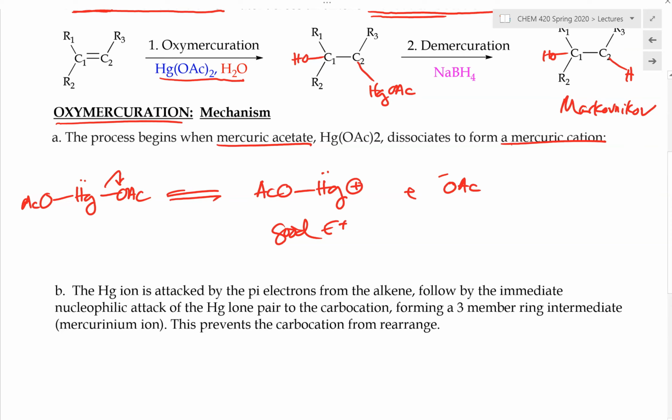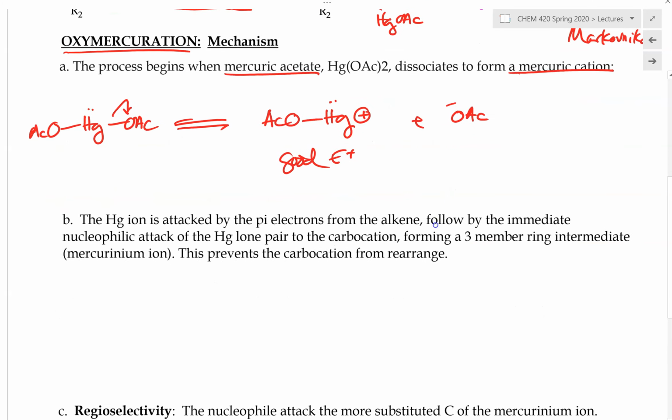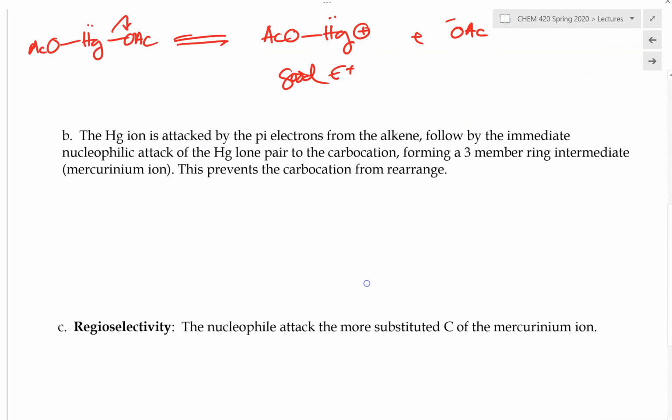And once we have formed this mercuric cation, it becomes a good electrophile, and that is then subject to attack by the pi electrons from the alkene. So let's say here is our alkene. And once the alkene comes in to interact with the mercuric acetate, the alkene would now become a carbocation.